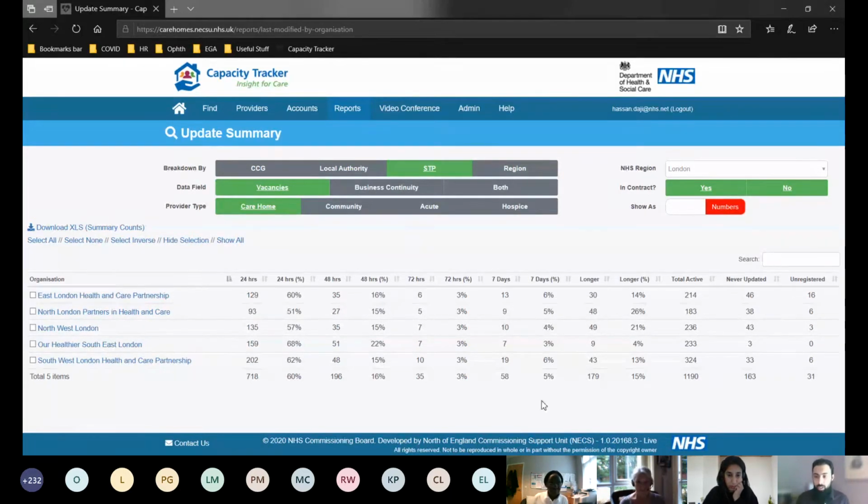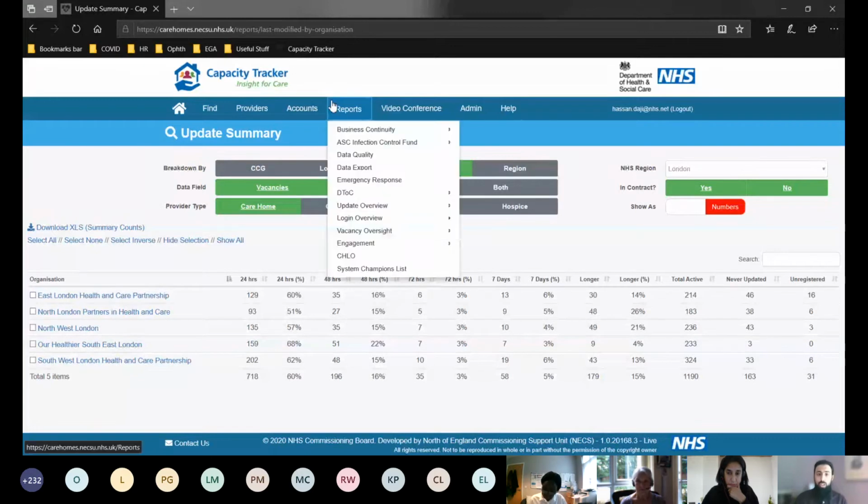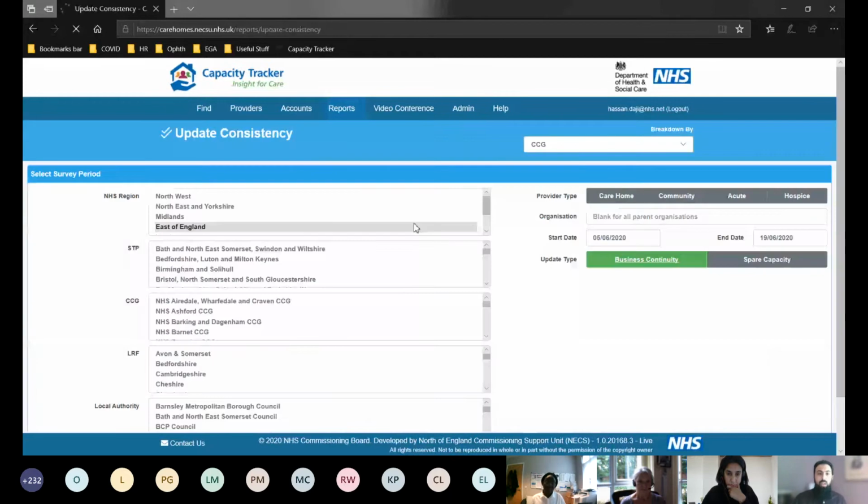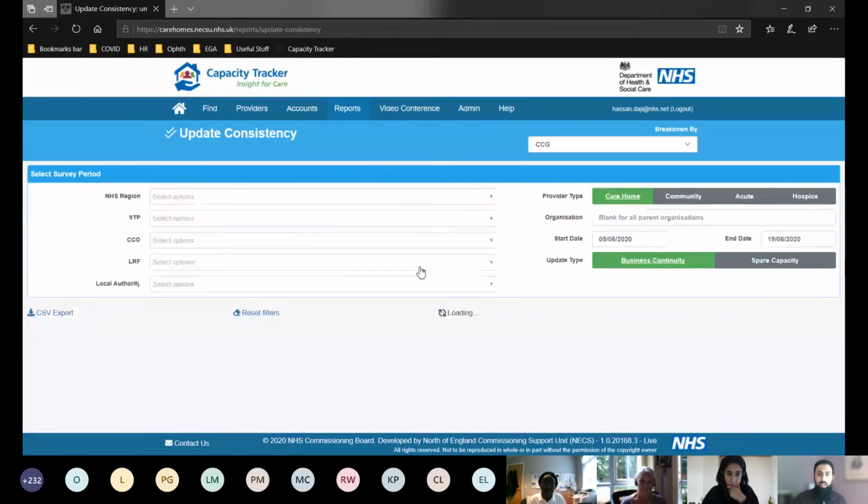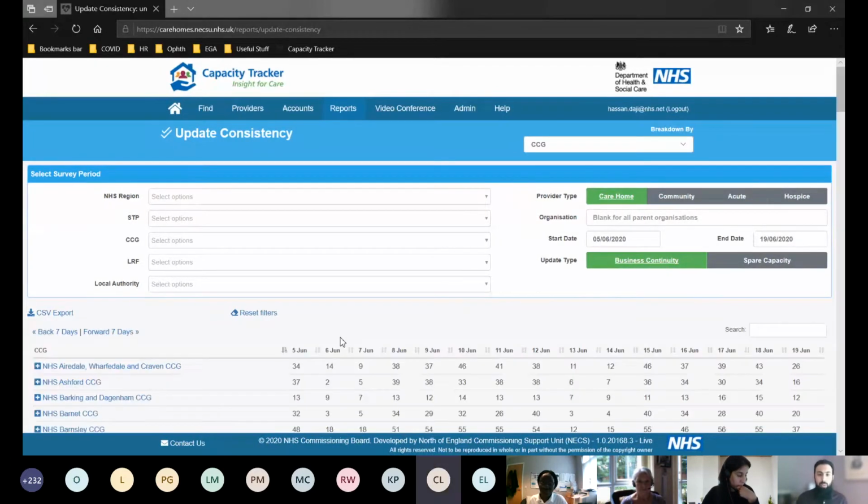They will be monitoring this, and some of you may have already had contact from our contact centre, which has been getting in touch with care homes to help them through the process of registering and updating. There is a big push nationally to update this on a daily basis. To help that, there is a separate report which lets your colleagues look at when the care homes have been updating.